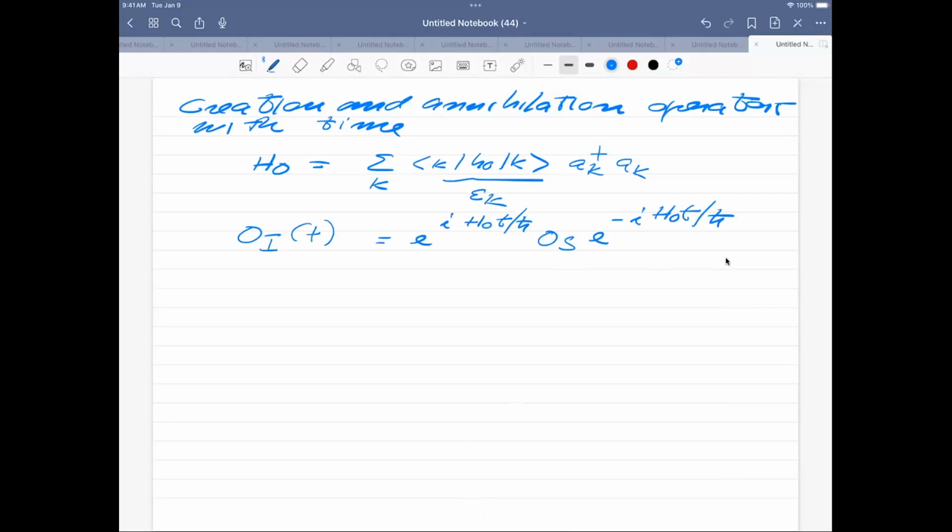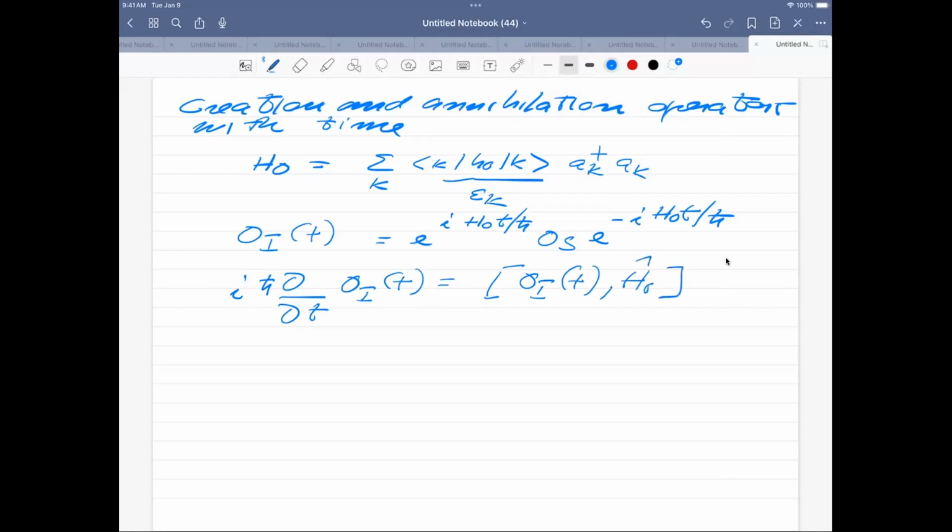Good. So with that one, if we use this equation here, then what we could find is an equation of motion. So let me just quickly repeat that. The equation of motion for that specific operator in this picture is now given by the commutator of the operator in this picture here with H0.